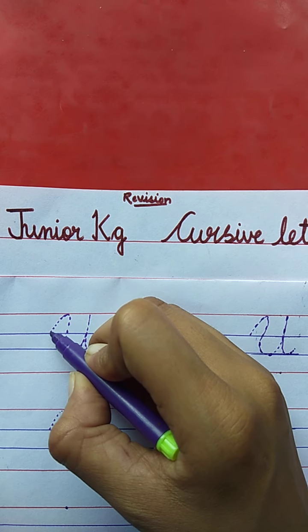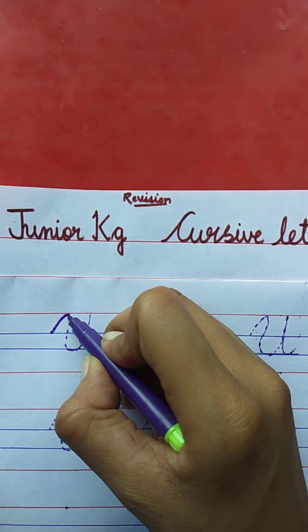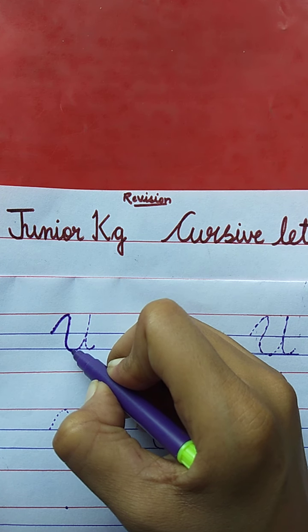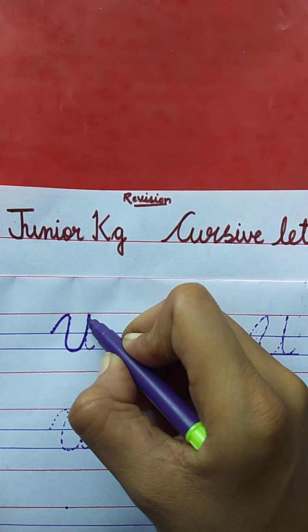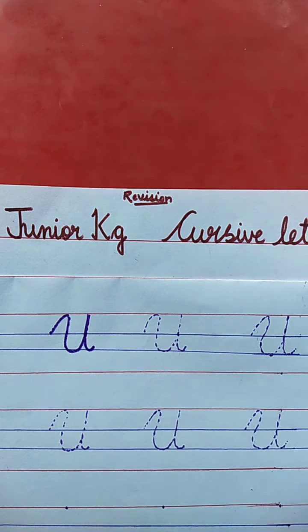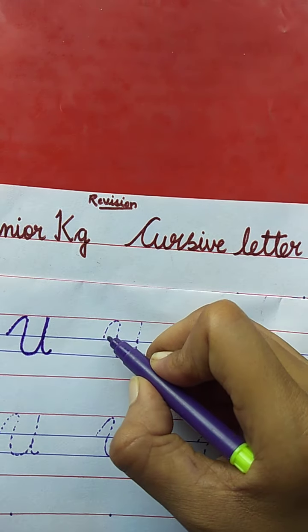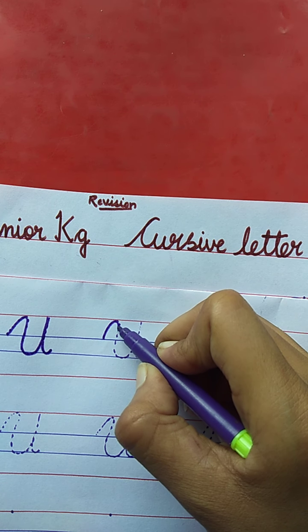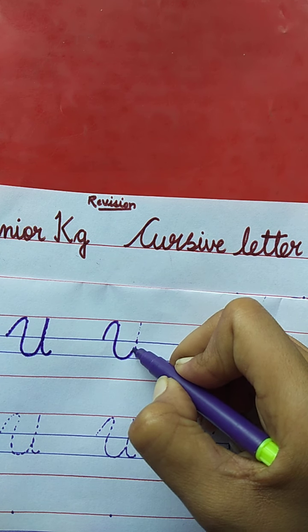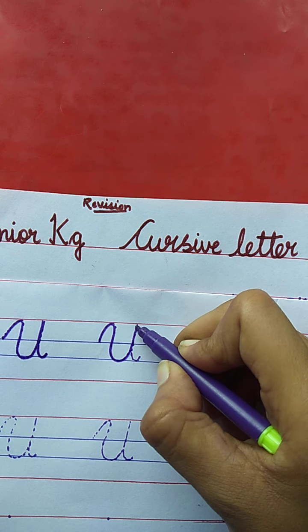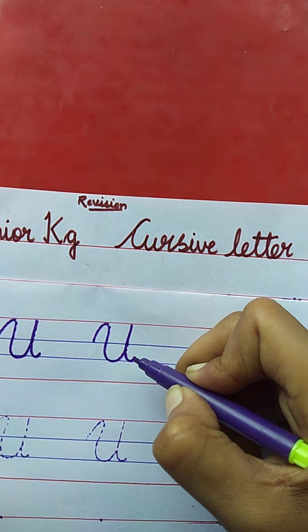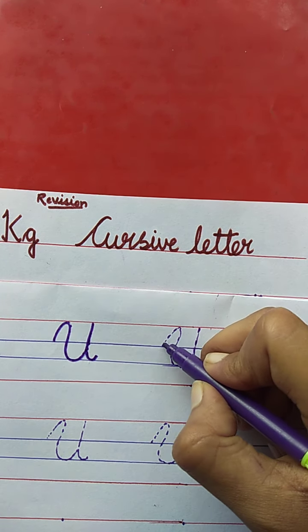See here, put your pencil in the first blue line, draw a curve, one more curve, standing line, and again a curve. U for umbrella. Again, write with me. Curve, one more curve, small semicircle, standing line, and a curve. U for umbrella.